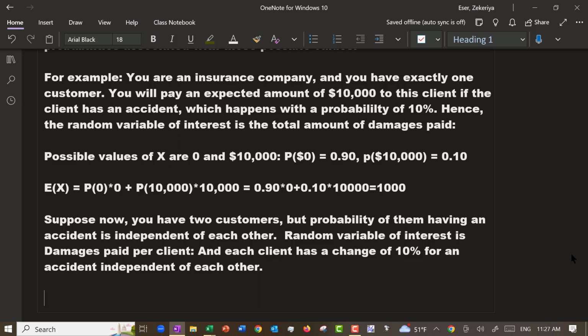So what are possible values? Anyone? I have two customers who could both have an accident, and if they do, I will pay $10,000 each for them.